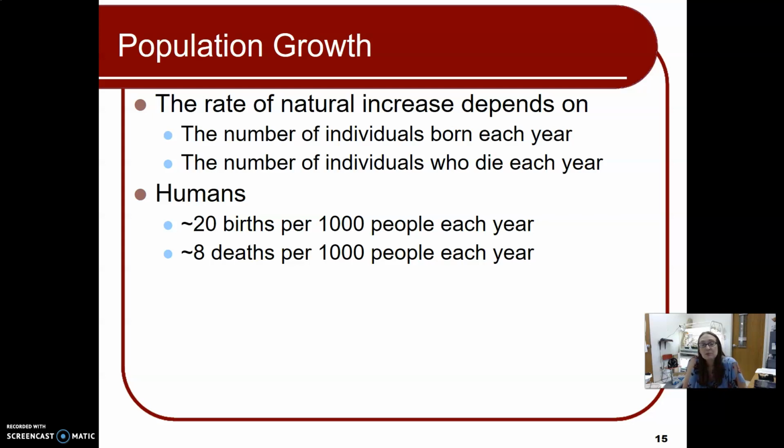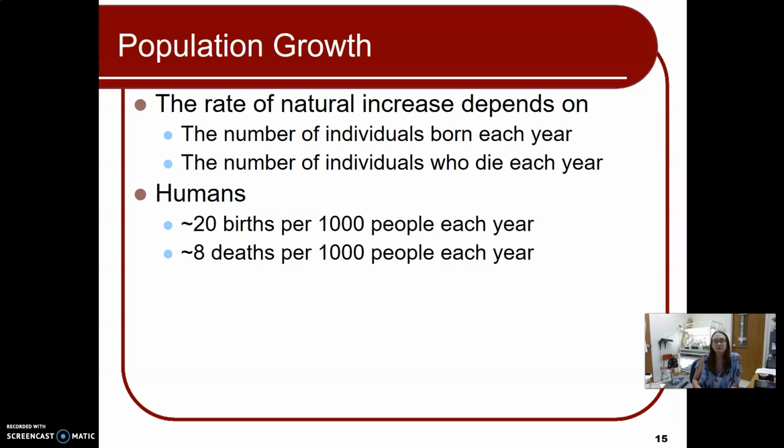So what that means is more people are being born than are dying every year. So this was, I can't remember when this data came through, 2000 something. Pre-COVID, that's for sure. So our birth rate exceeds our death rate, which means our population is growing.